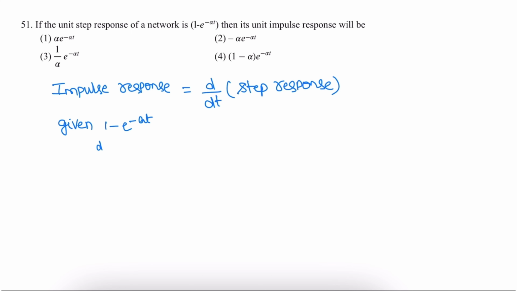So d by dt of 1 minus e power minus at: d by dt of 1 is 0 and d by dt of e power minus at is minus a e power minus at. So the answer is a e power minus at. This is the impulse response. Here a is nothing but alpha. So the answer is option 1.